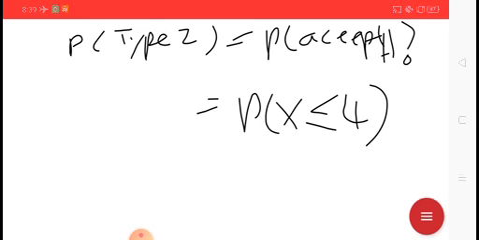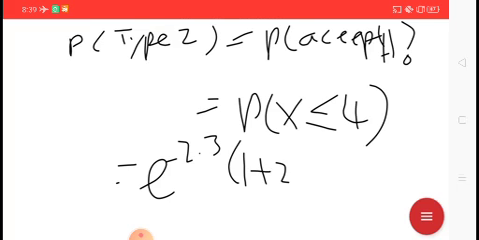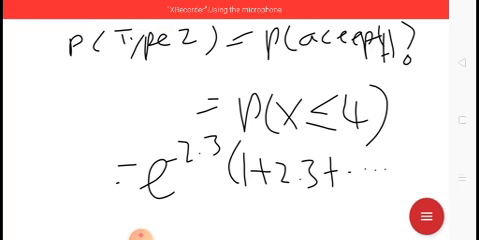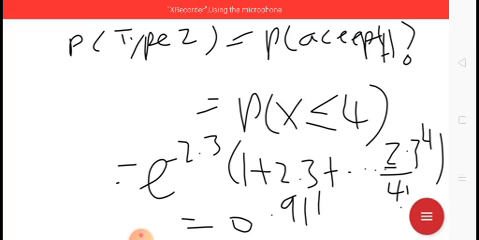Now the lambda is 2.3, so you can calculate with 2.3 power of 4 over 4 factorial. By calculation, you should get 0.916 for this question.